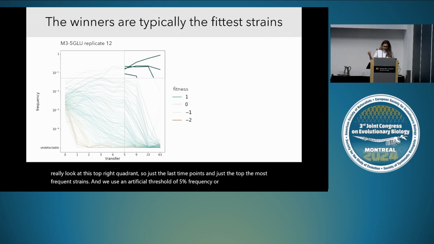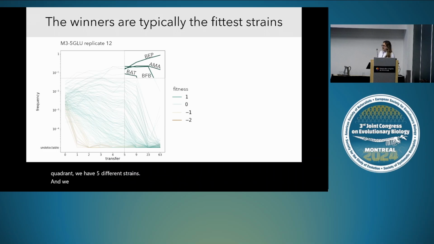And so in this quadrant, we have 5 different strains. And we can look back at their initial fitness and see how they were ranked relative to other strains. And so the BEP strain was ranked number 1, and it is doing the best. AMA strain was number 2, and it is second best, and so on.